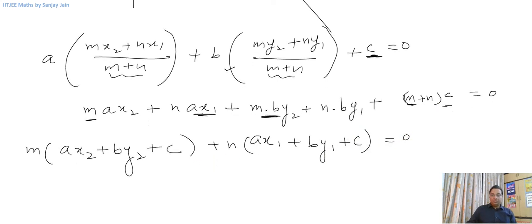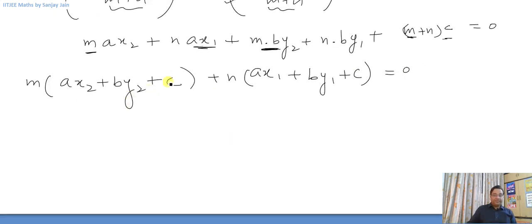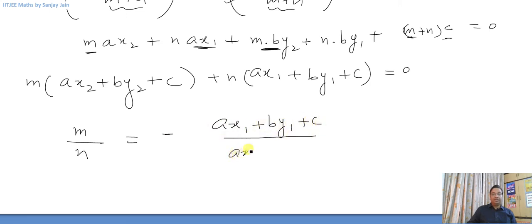Now you can imagine, if I take one of these to the right hand side, I can write m divided by n as minus (ax1 plus by1 plus c) divided by (ax2 plus by2 plus c).